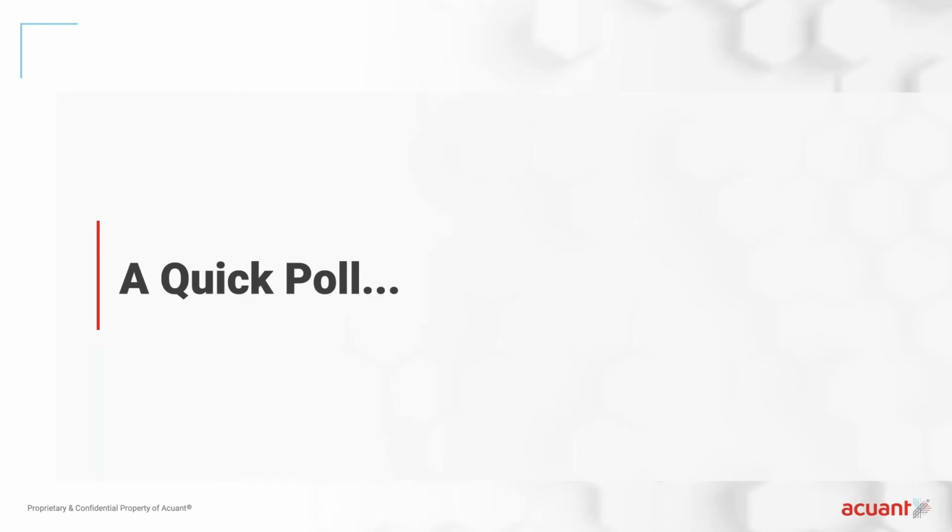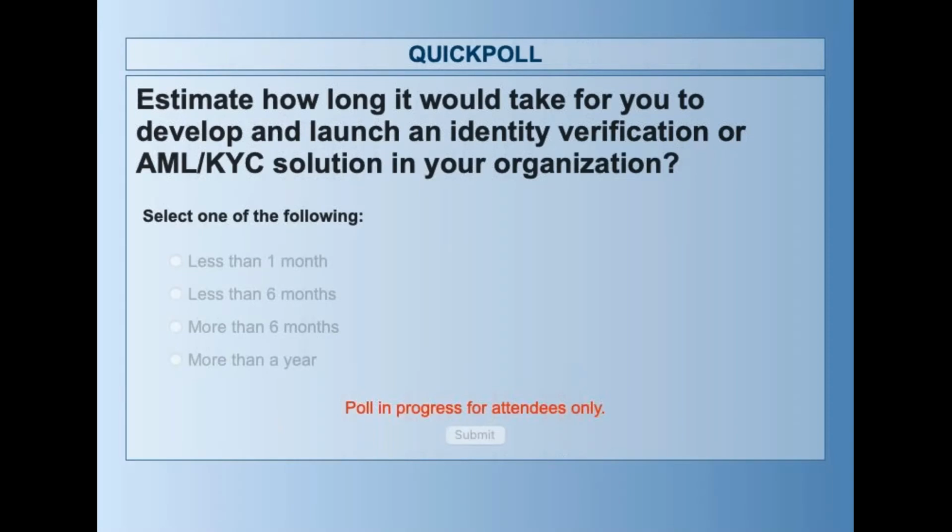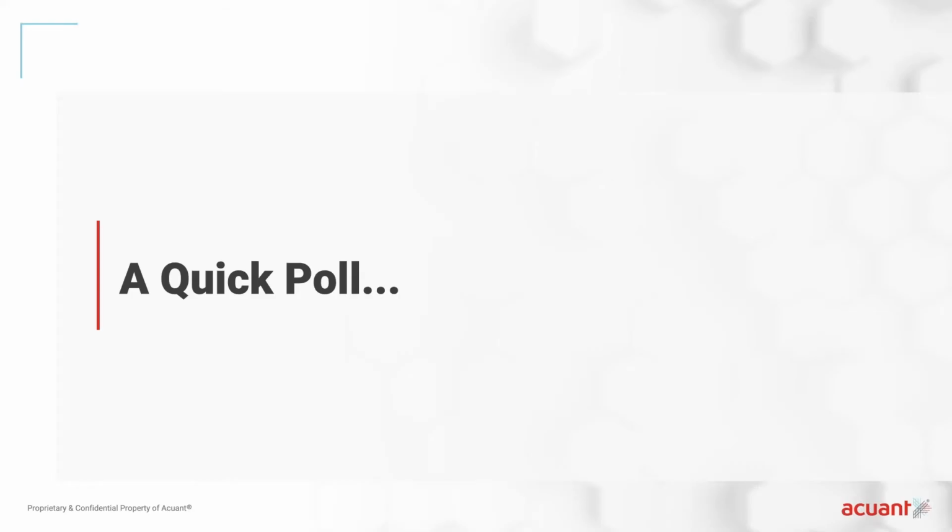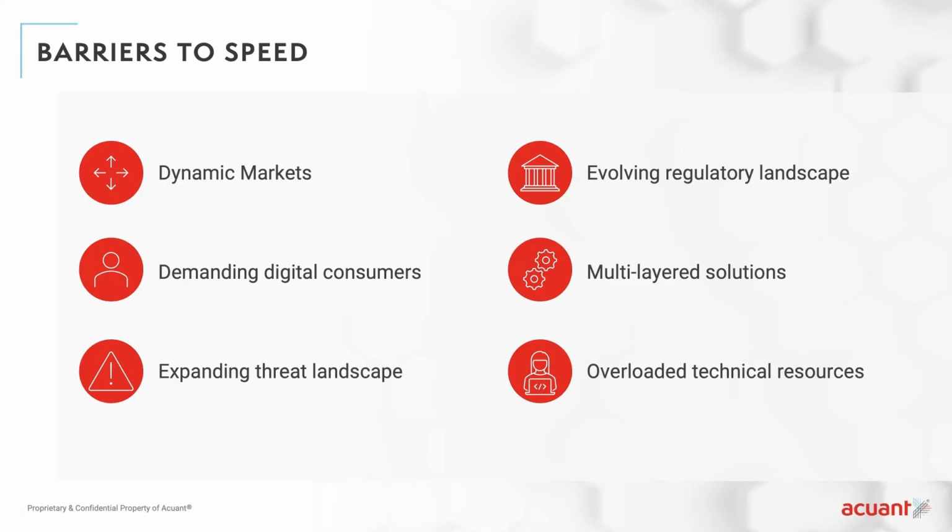And finally, question 3, roughly how long would it take for you to develop and launch an identity verification or AML KYC solution in your organization? Less than a month, less than 6 months, more than 6 months, or more than a year? Like I said, we'll run through the results of this quickfire poll at the end of the webinar.